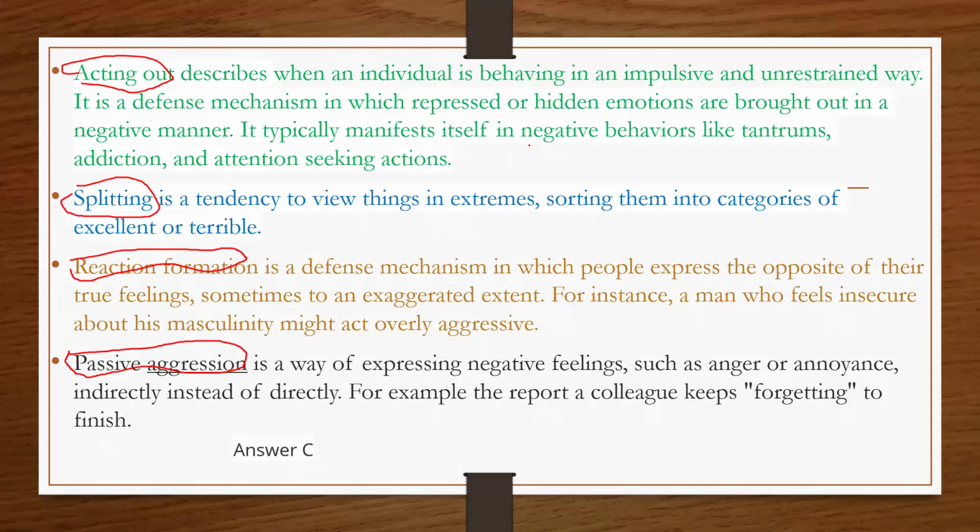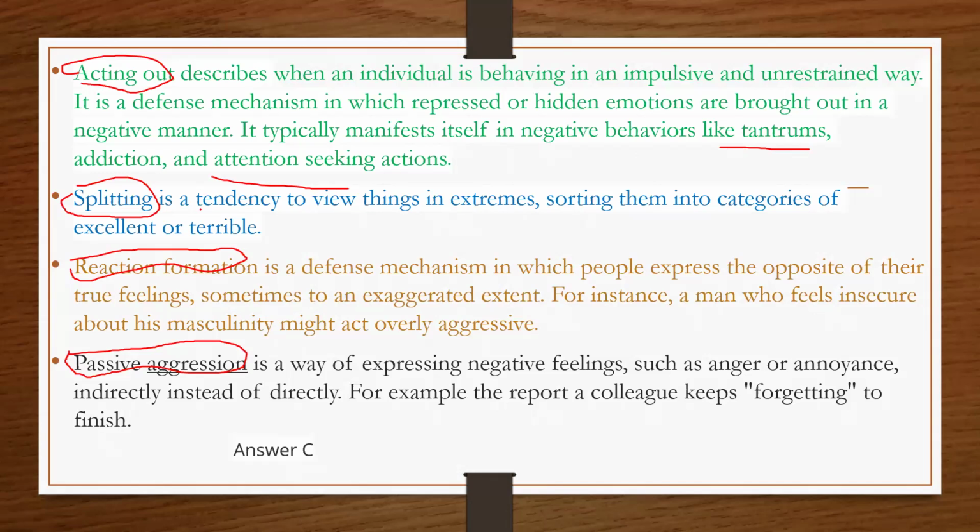So behaviors would be tantrums, attention seeking actions like shouting at others, attacking others, likewise. Acting out means you're bringing your hidden emotions or your anger out without any inhibition. So that's called acting out.